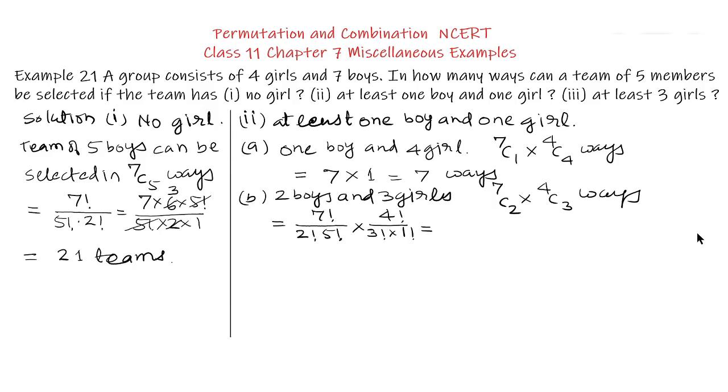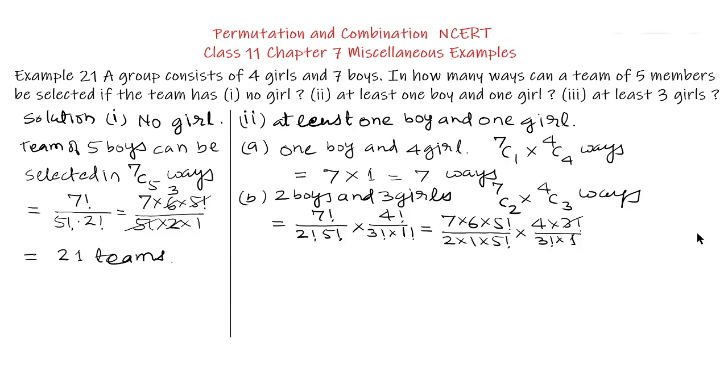This is equal to 7 multiplied by 6 multiplied by 5 factorial, upon 2 factorial, which can be written as 2 into 1 into 5 factorial, multiplied by 4 into 3 factorial upon 3 factorial, multiplied by 1.